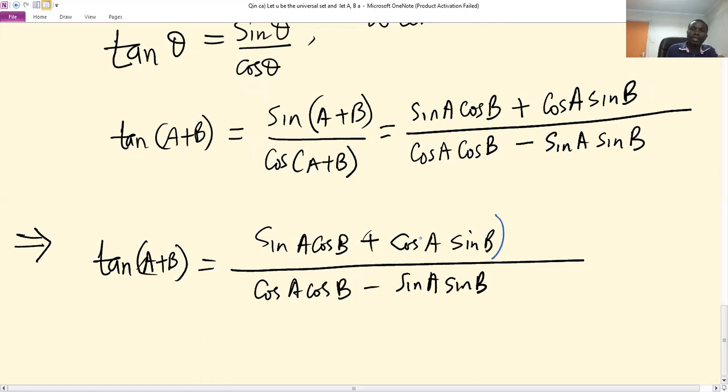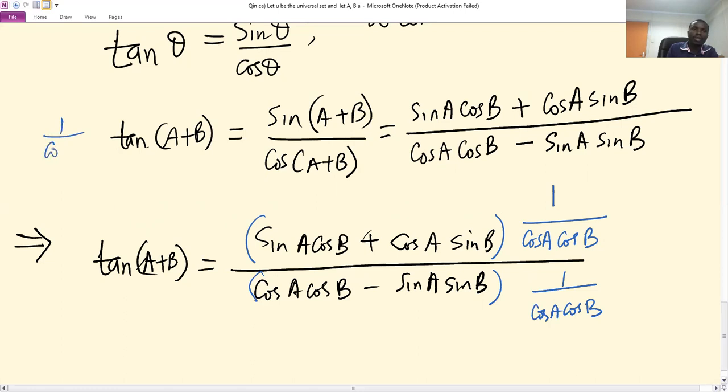So I'll multiply the numerator by 1 over cosine of A times cosine of B. And I also multiply the denominator by 1 over cosine of A cosine of B. You see, this is the same thing as saying I'm multiplying this expression by 1 over cosine of A cosine of B, over 1 over cosine of A cosine of B. This is just the same as 1.